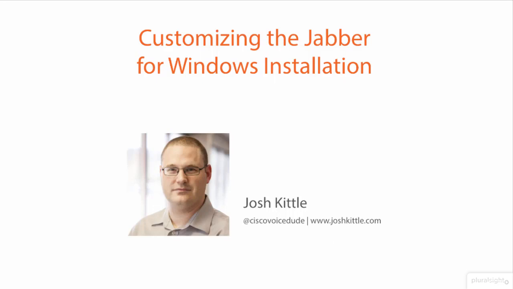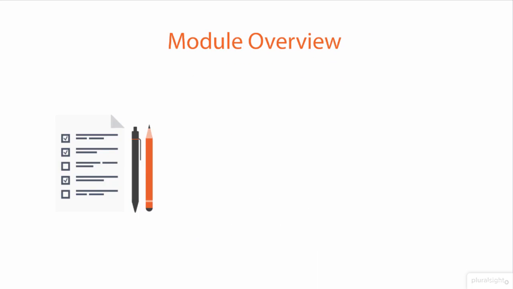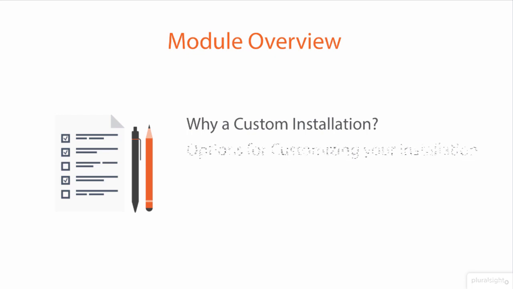In this module, we're going to start talking about how we can customize the Jabber for Windows installation. Specifically, we're going to talk about, first and foremost, why a custom installation. What are my motivations or the driving factors that are leading me to want to even do this at all?